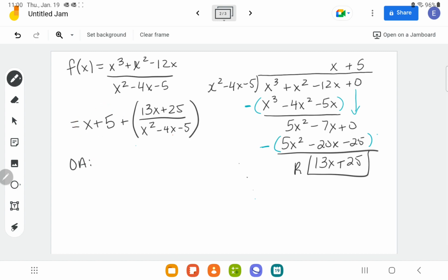So my oblique asymptote is y equals x plus 5. Because as you go to really big numbers, if you go anywhere near infinity, this stuff in the brackets, the remainder divided by the denominator, is going to be very, very close to 0. And the actual function will kind of follow the path of that y equals x plus 5.